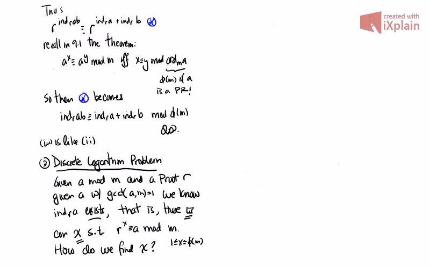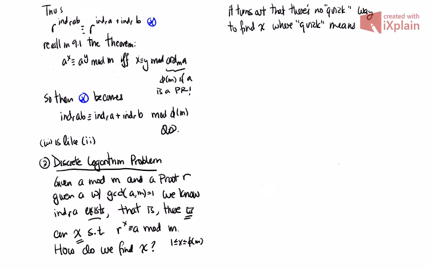More specifically, there's no quick way to find x, where quick means faster than simply trying everything. I'm not going to delve into the computational specifics of this.